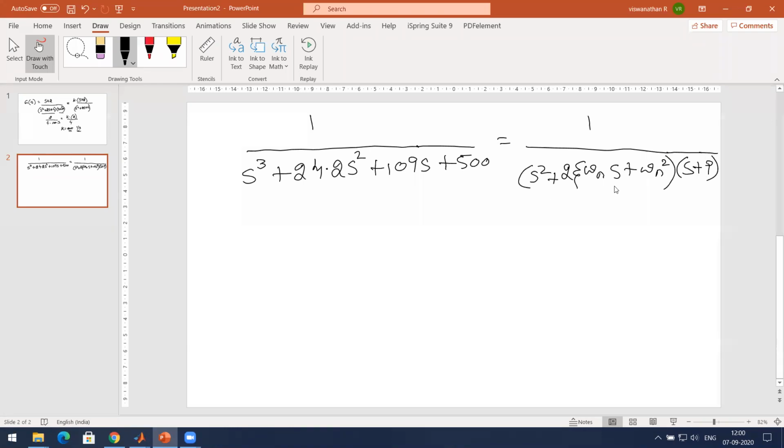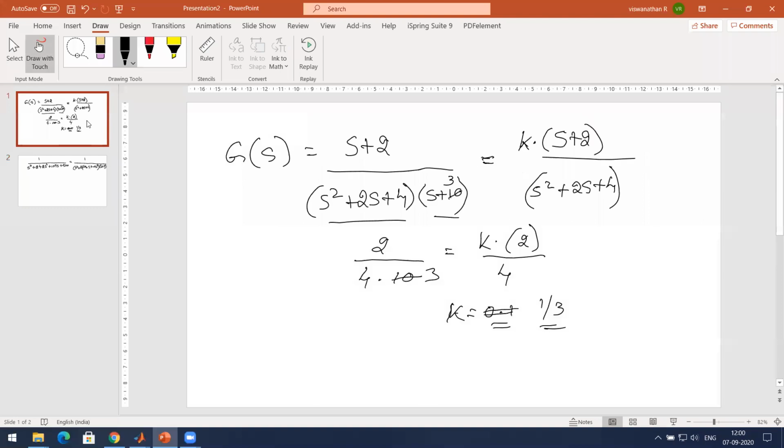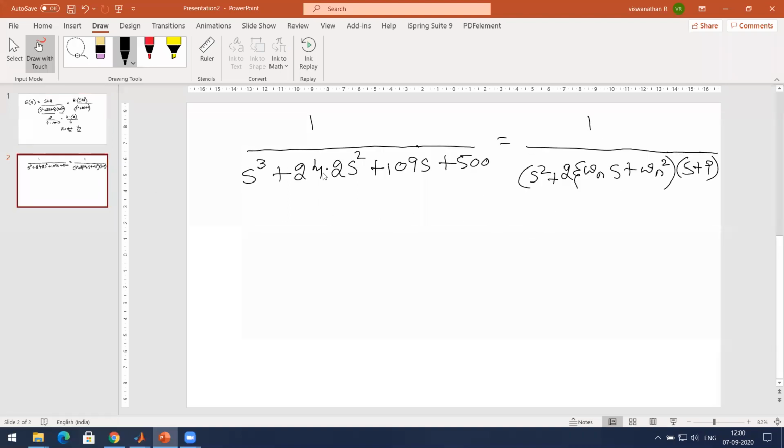This is a second order system, similar to what I have written here, and this is a first order one. So similarly, I am writing this third order system as a second order and a first order. What is p? I don't know, but I know it is of this form. Any doubts in this?